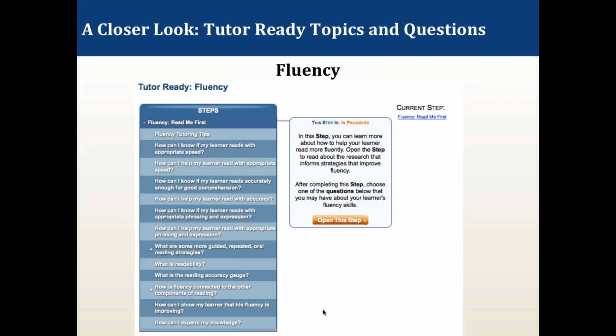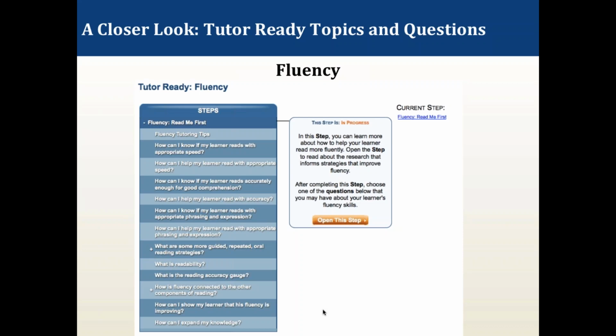And how do we show students that fluency is improving? And fluency, again, it sounds like not many of you are working on fluency now, but of all the components of reading, fluency is the one component where you can actually get pretty good, fast progress, even in one lesson.